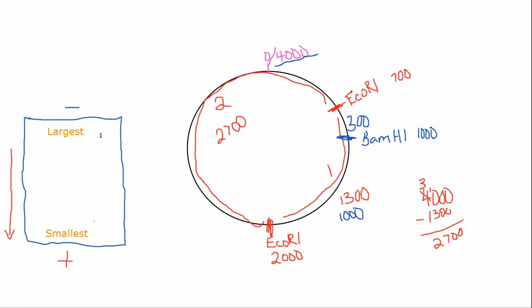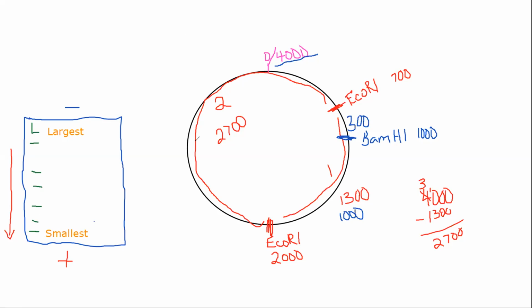You would usually have your ladder. So if you had bands that were at, draw L for ladder, you had 5,000, 2,000, 1,000, whatever. Numbers in between.